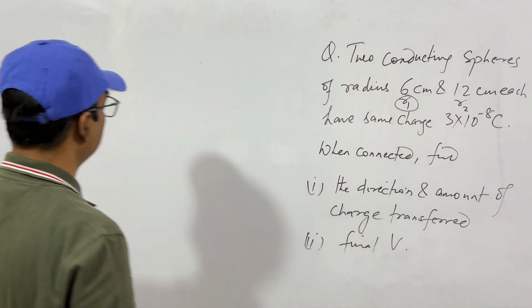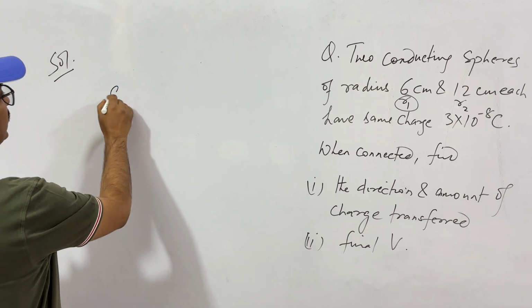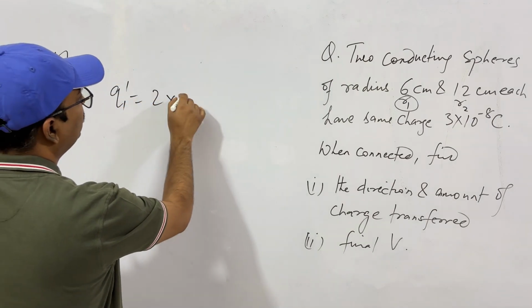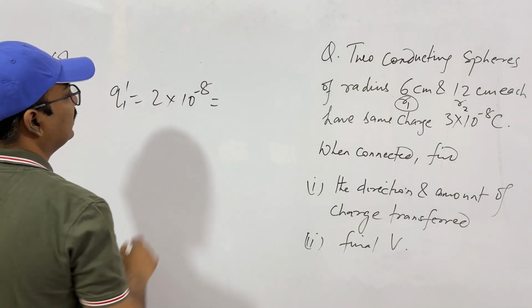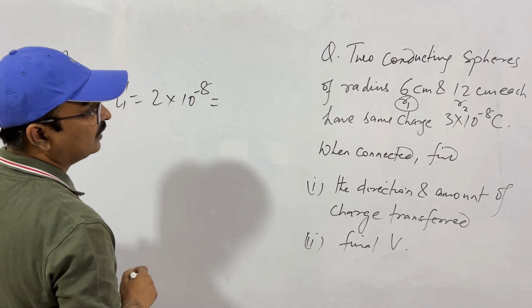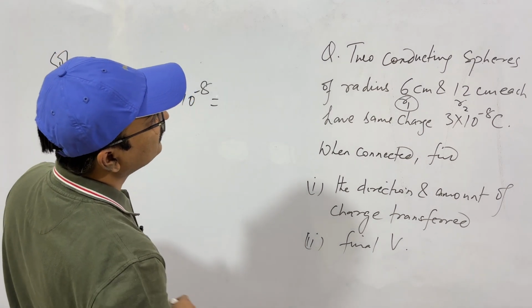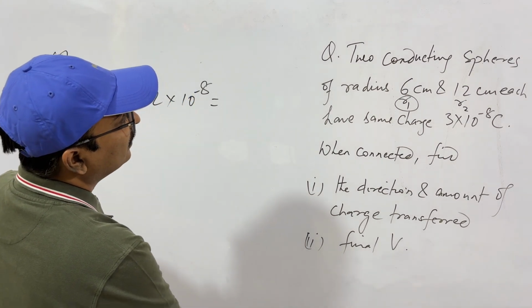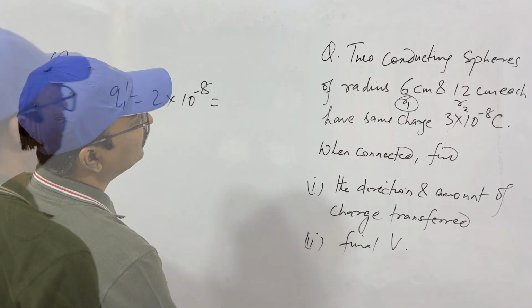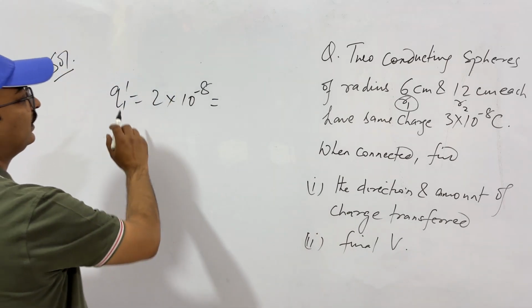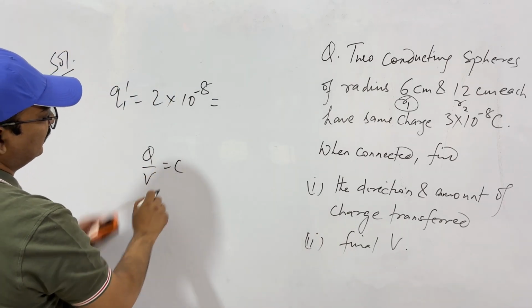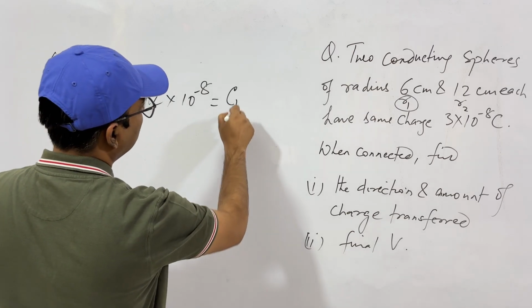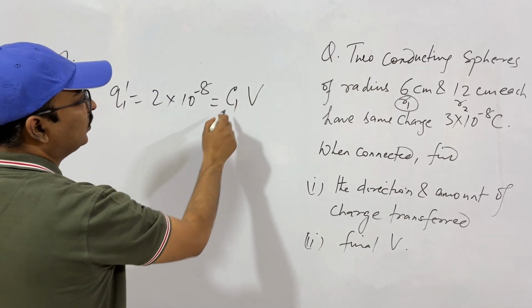Now second, final potential. What will be the final potential? Now we have just found Q1 dash equal to 2 into 10 to the power minus 8, and you know Q is C into V. Do we have C? No, we don't have C. So how to find? Okay, Q by V is C, so you can say this is C1 into new potential. What is C1?